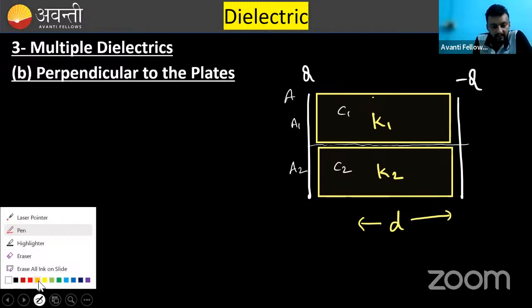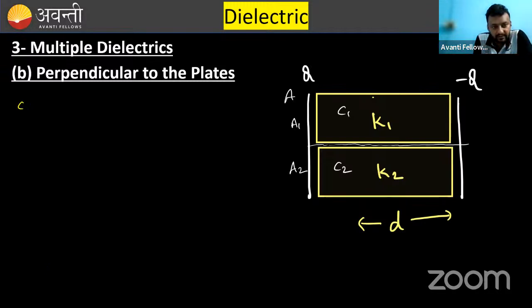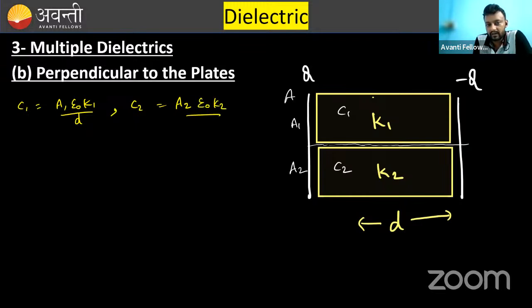So what can you write? The capacitance of the first capacitor is A1 epsilon naught K1 by D. Similarly, C2, where the area of the plate is A2, is A2 epsilon naught K2 by D. Now these two capacitors are connected in parallel because the potential across both the capacitors is the same.